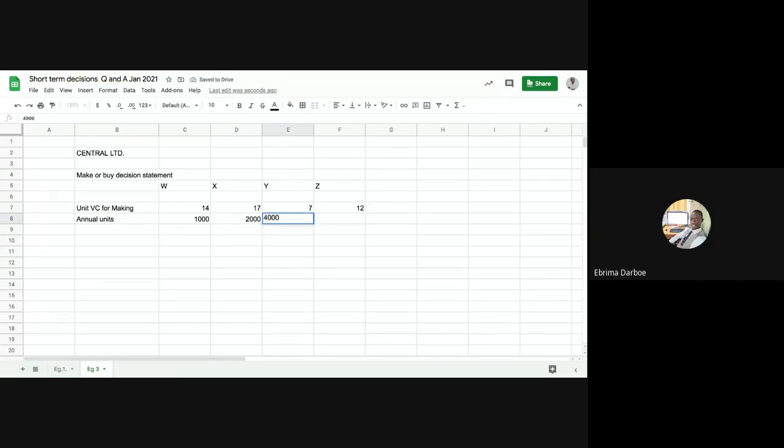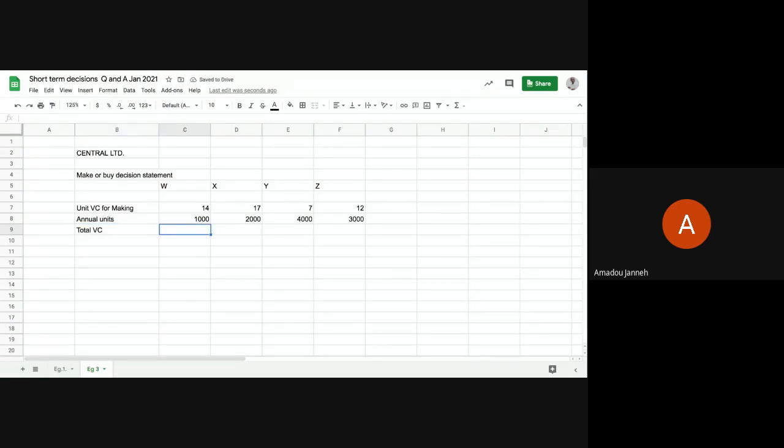And 3,000. Good. So let's find our total variable cost. Total VC. How do we calculate the total VC?